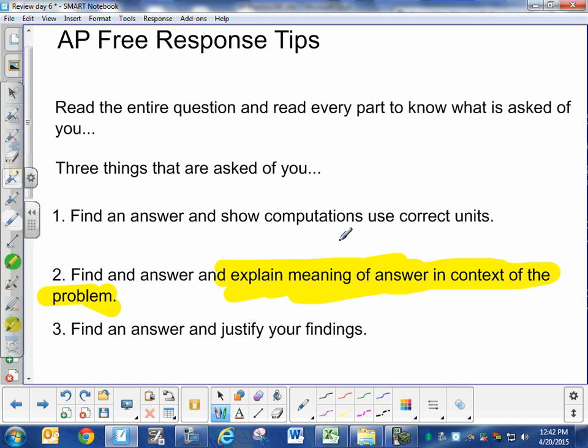If you look at 2012, number 1, everybody flip to 2012, number 1. Part A, B, and C is all find the answer and explain the meaning of your answer in context of the problem. Okay? What do I mean by that?